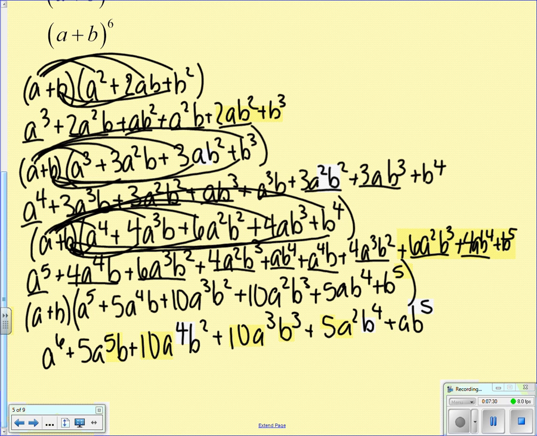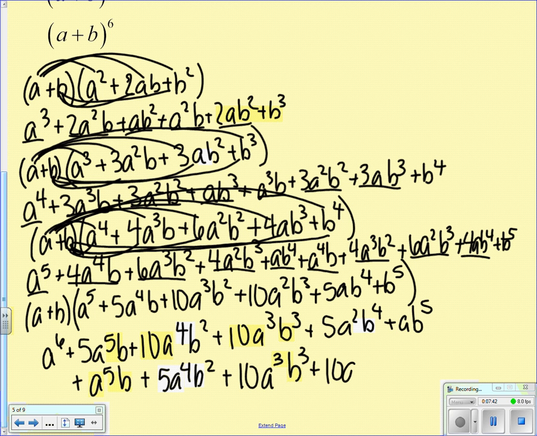And then I'm going to come down here, and I'm going to have a to the 5th b, 5a to the 4th b squared, 10a cubed b cubed, 10a squared b to the 4th, 5a b to the 5th, and then b to the 6th.